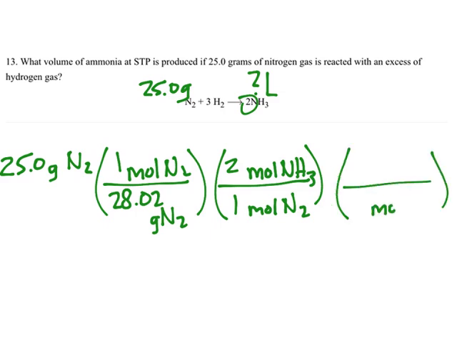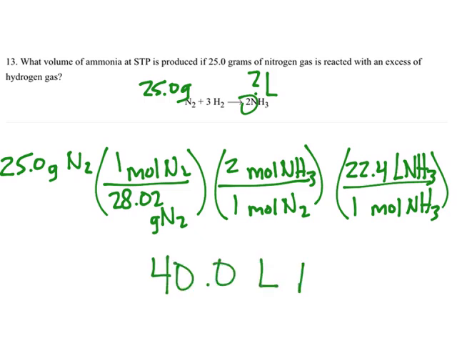Now be careful here. I'm trying to get rid of moles of NH3, but I'm going to liters. So I need liters of NH3 up top. And the ratio here is 1 mole for every 22.4 liters. Plugging it in and to 3 sig figs, you get 40.0 liters of NH3.